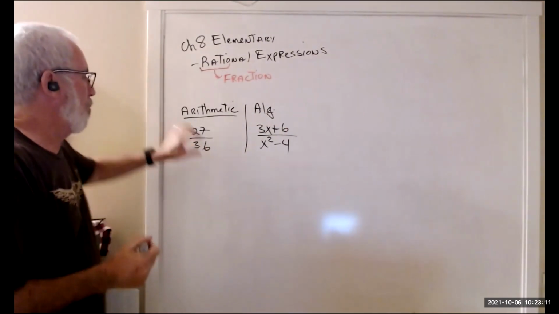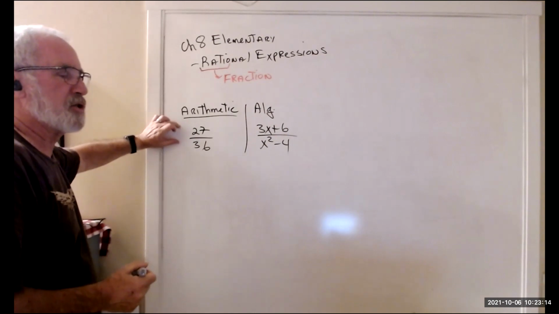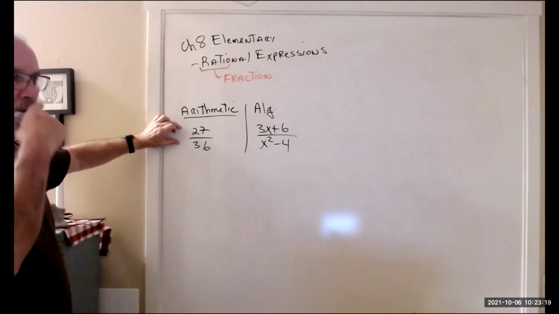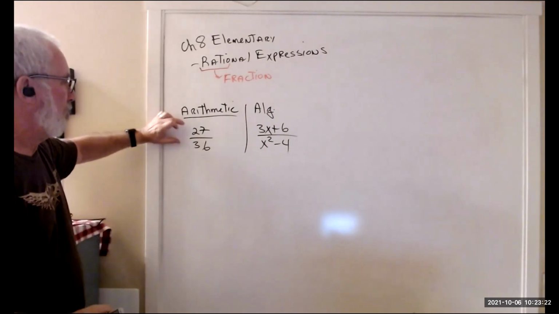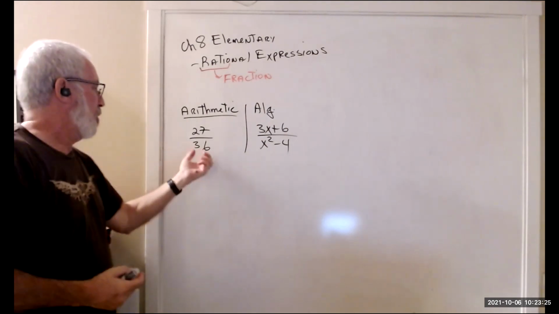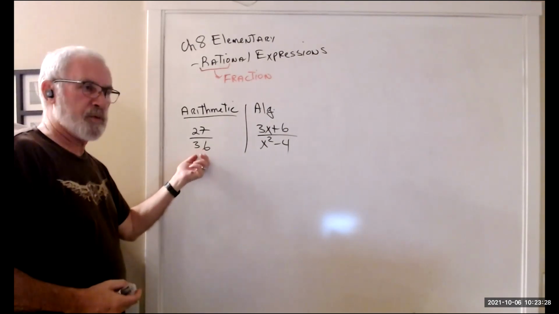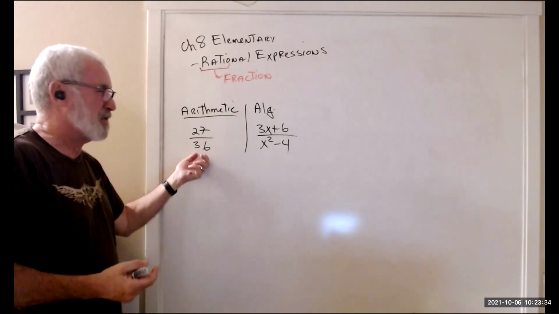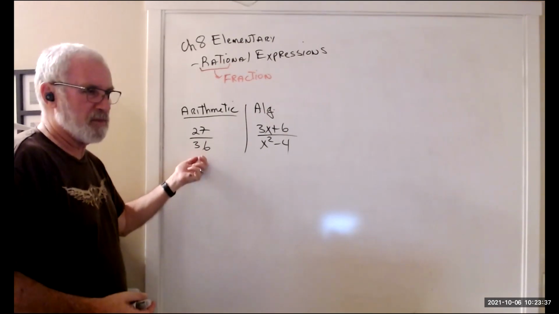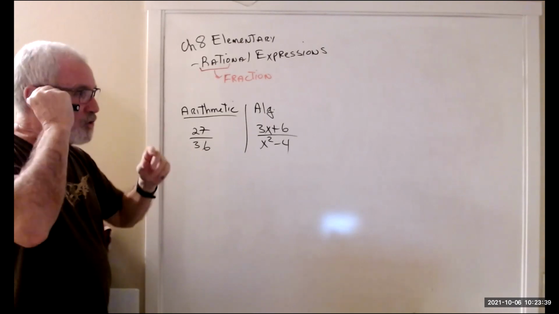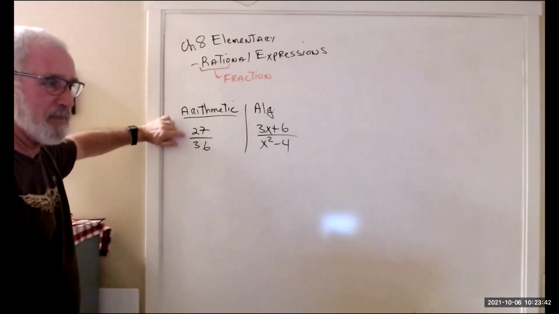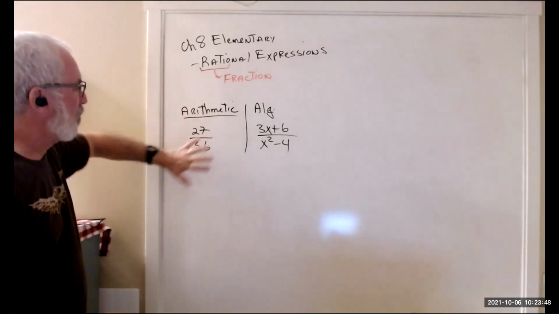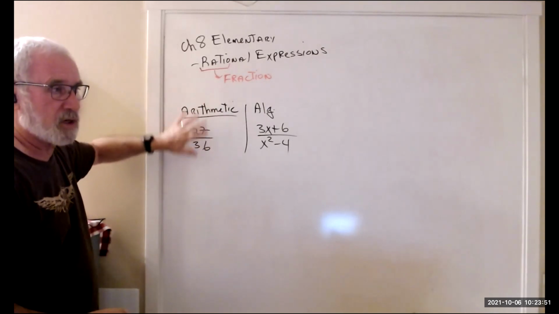I'm going to use arithmetic fractions sometimes to show you the proper way to do a problem. Here's the big issue. Almost everybody can do arithmetic fractions. They can reduce them, they can multiply them, they can sometimes add and subtract them if you remember to get a common denominator. And every student in the world has developed bad habits. Every person in the world, me, other instructors, when it comes to arithmetic fractions, we've all developed shortcuts.